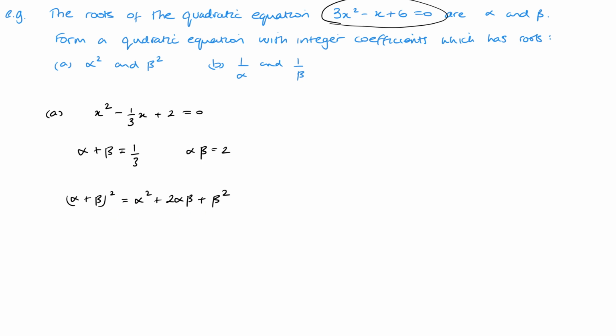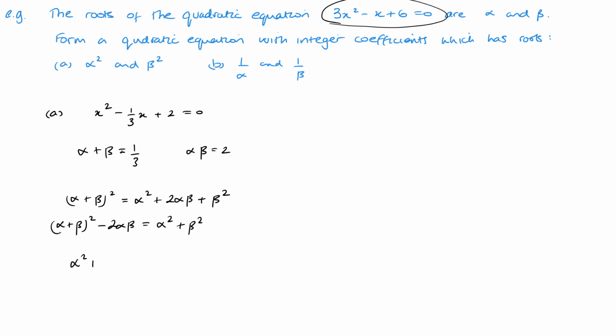I can rearrange this: if I take the 2 alpha beta to the other side, I'd have alpha plus beta squared minus 2 alpha beta, and that equals alpha squared plus beta squared, which is what I'm looking for.